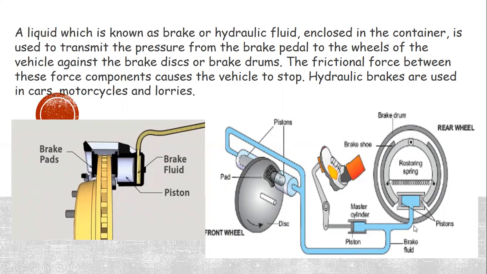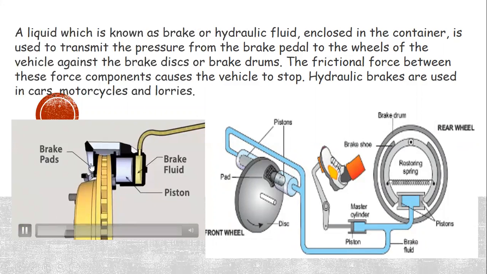There is no pressure in this, so this restoring spring, which is stretched when the brakes are applied, comes back to its shape, taking the brake shoes along with it, and so the brake drum is free to move. So this is how the brakes are applied.